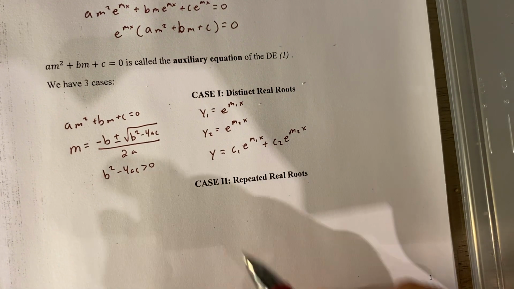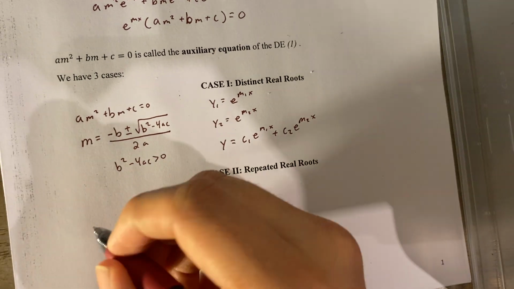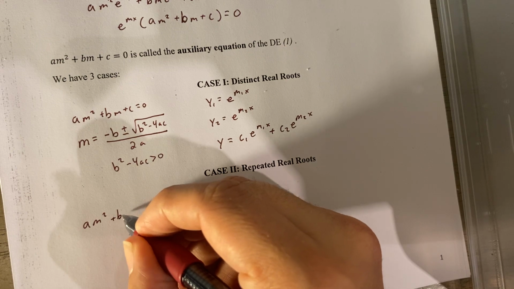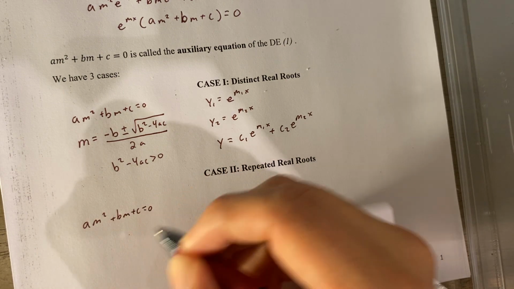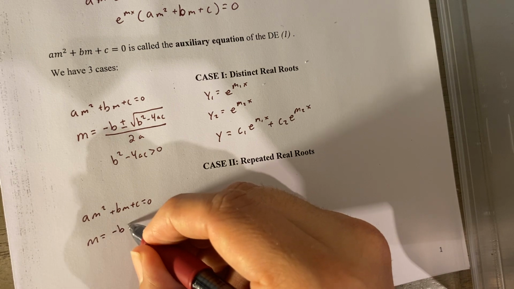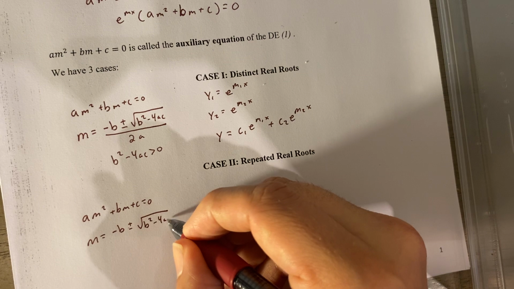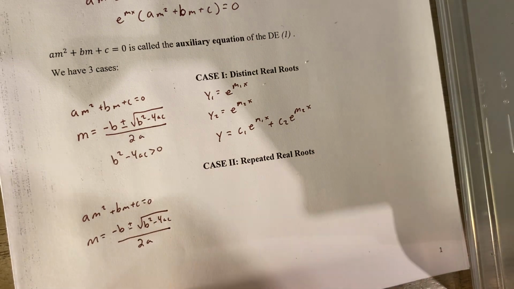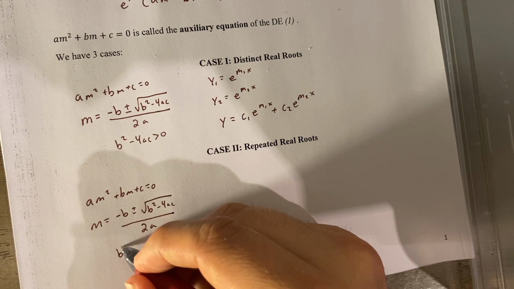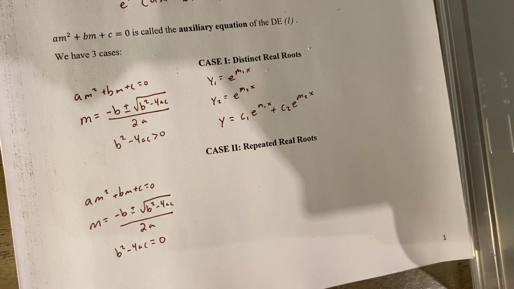Now, what happens if we have repeated real roots? So when we use the quadratic formula again for a m squared plus b m plus c equals 0, we get negative b plus or minus the square root of b squared minus 4ac all over 2a, where what's underneath the radical, b squared minus 4ac, is going to equal 0.